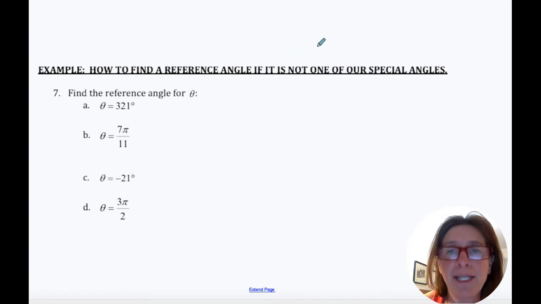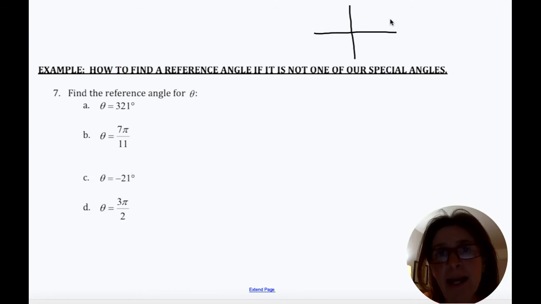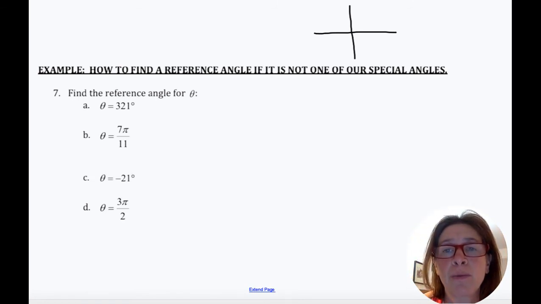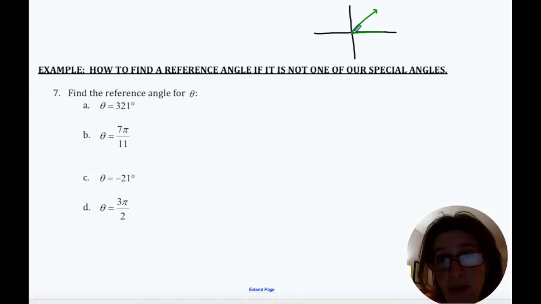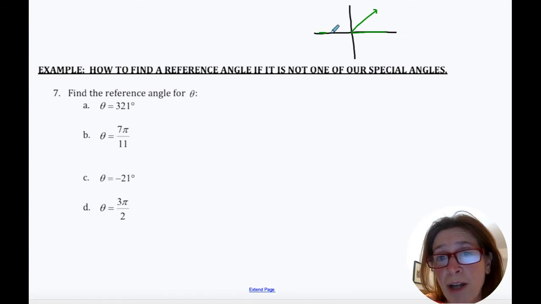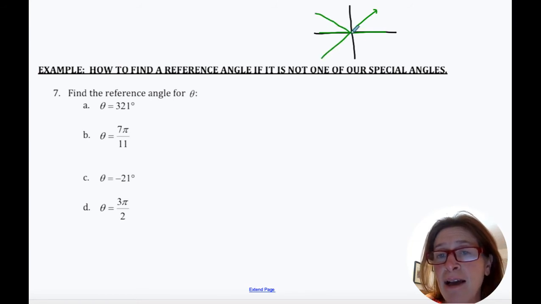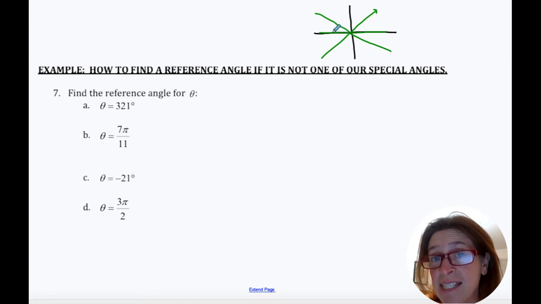So I want to remind you that a reference angle is an acute angle, one of whose sides is the x-axis, okay? So it's an acute angle that refers us back to quadrant 1 and has one of its sides as the x-axis.